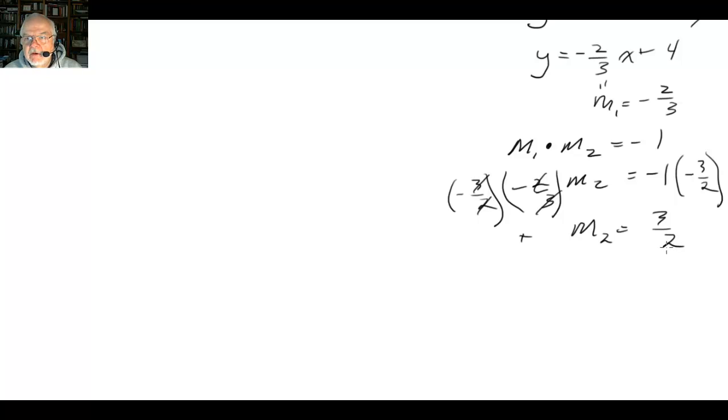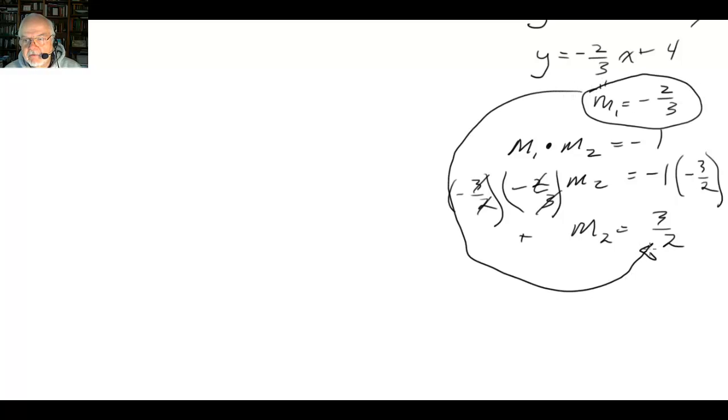We could have done this quicker if we realized that the negative reciprocal just requires us to flip the fraction and then take the negative of it. The negative becomes a positive. You could do it either way.